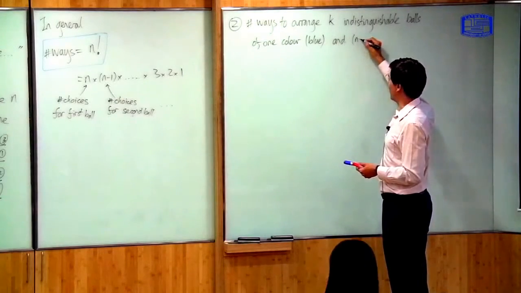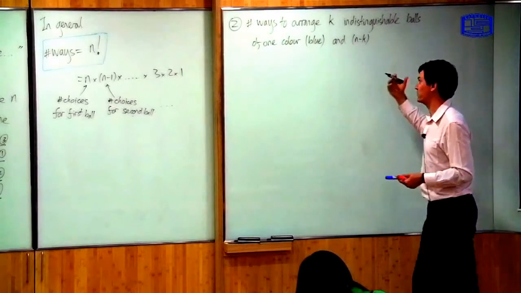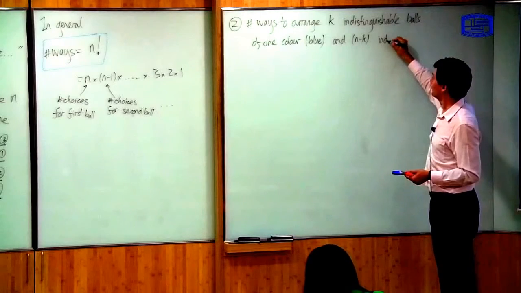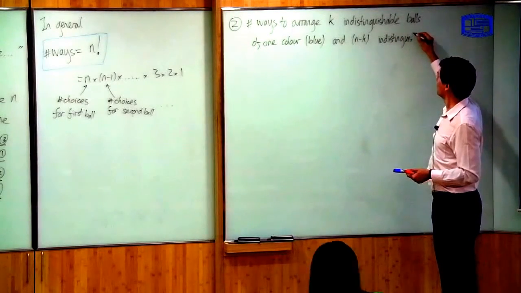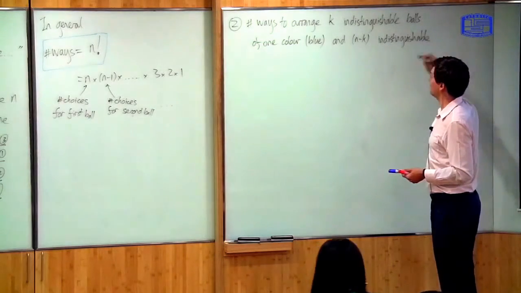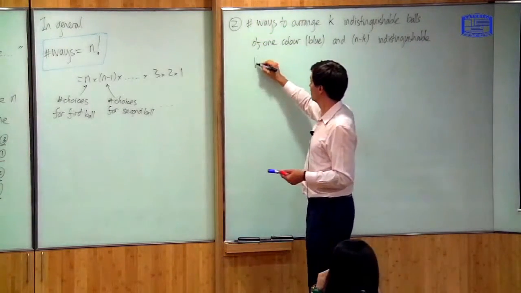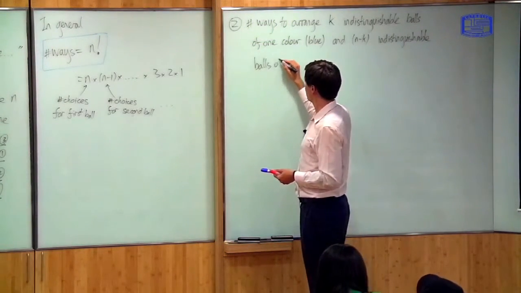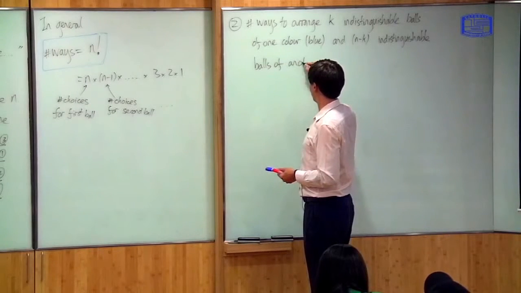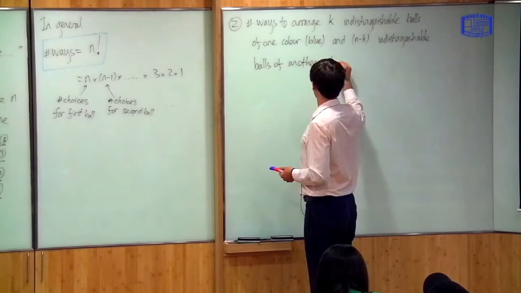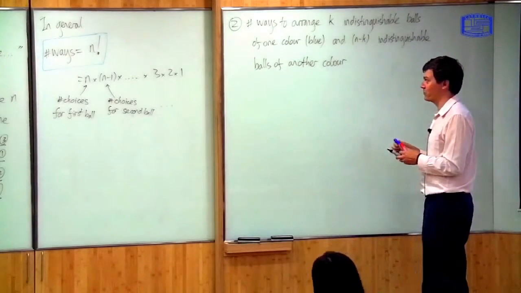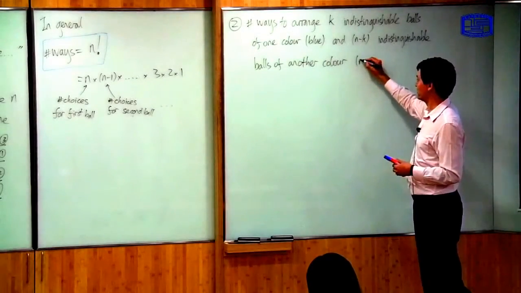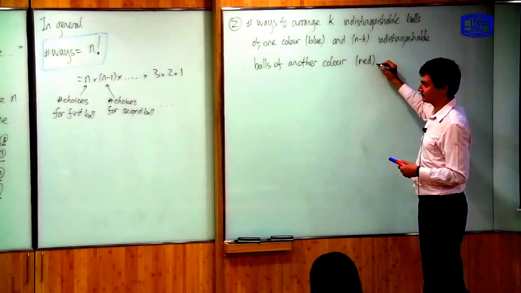And suppose I've got n minus k balls of a different color. So I'm going to suppose that some of the balls are blue and some of the balls are red.